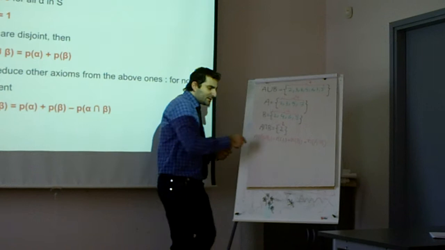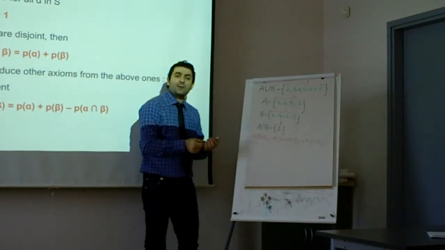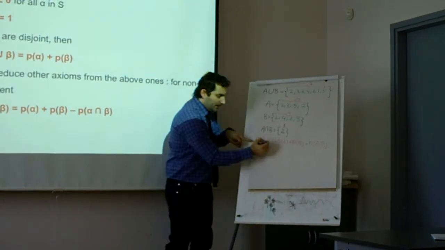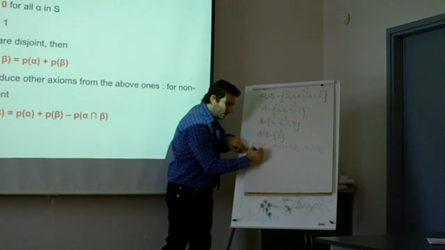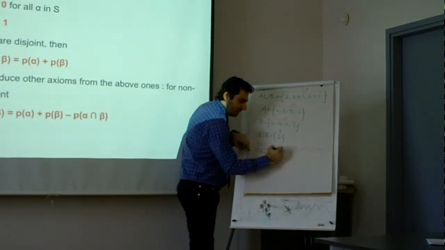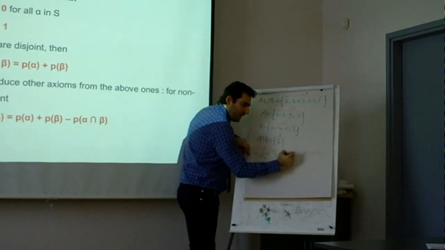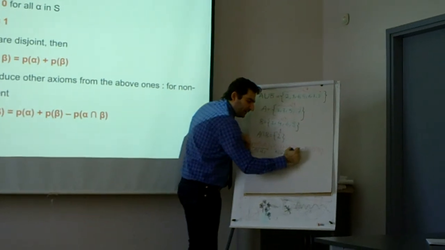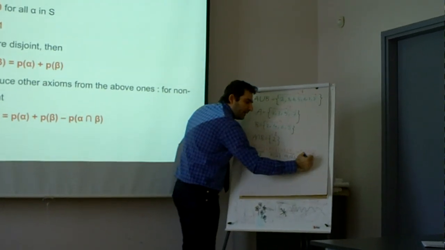So, what is the definition of the probability? Divided by n of omega.